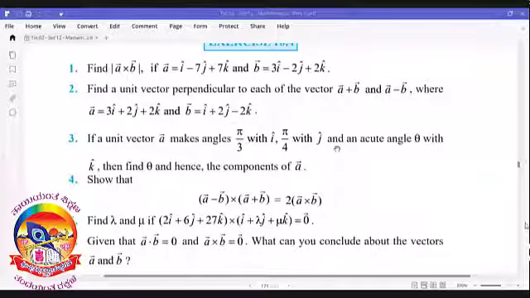Listen carefully. What is the meaning? He asked you to find the values of lambda and mu. Now, what is the inner meaning of the question?